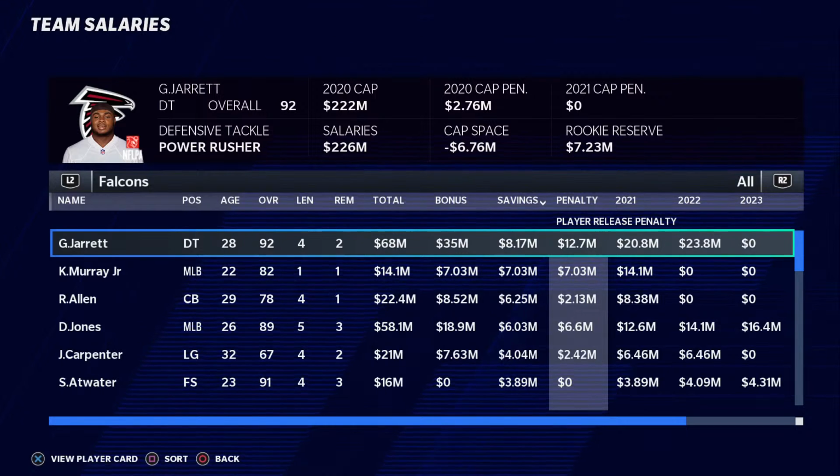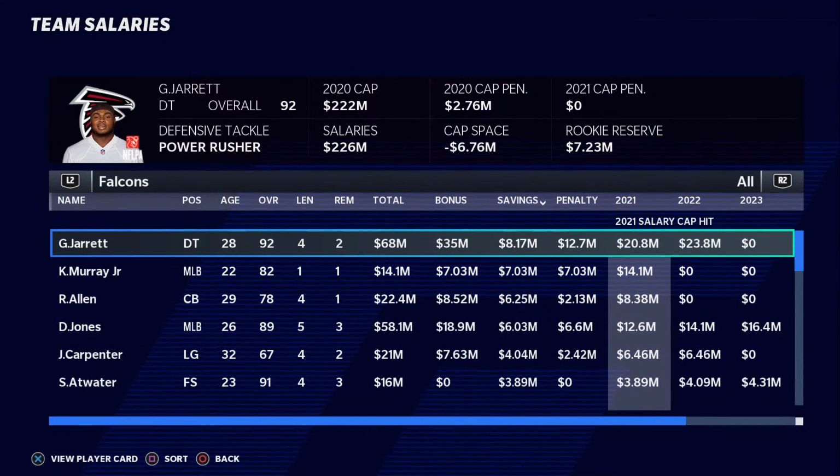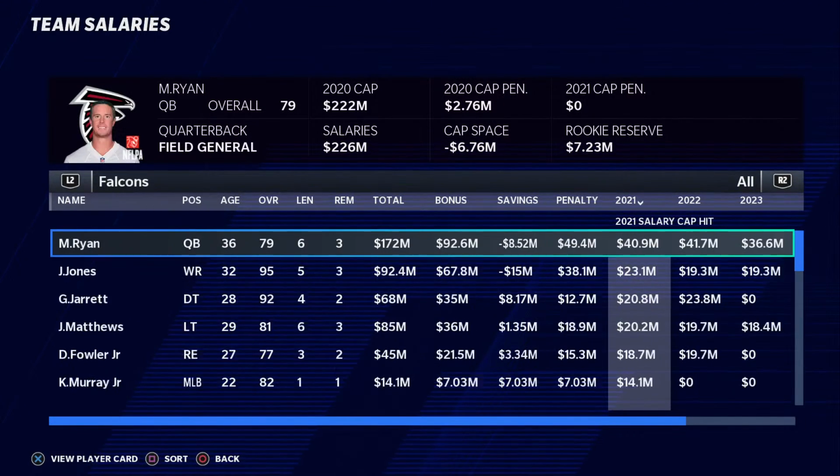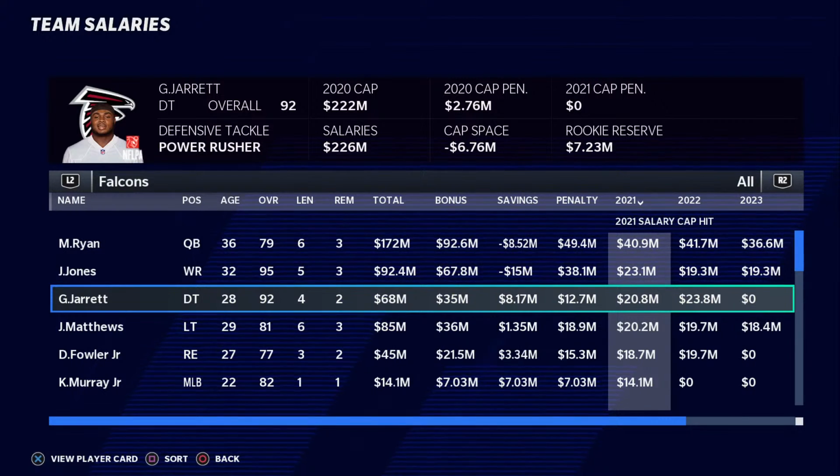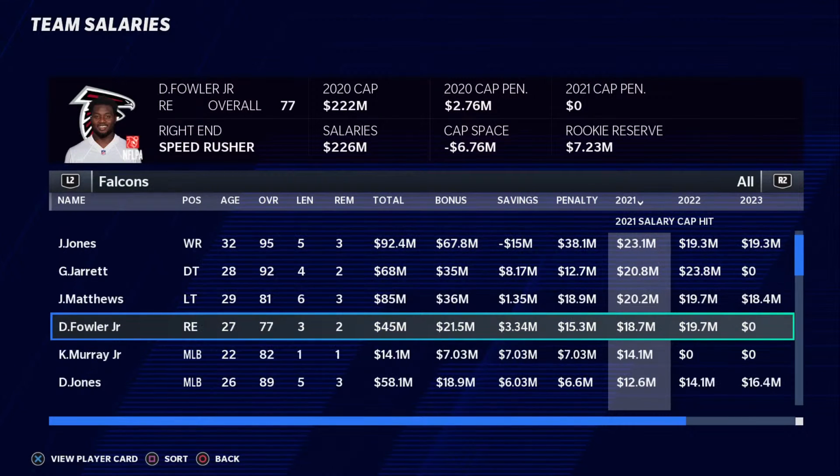So this is why you don't have any money, Falcons, because look at the contracts you got. You got Matt Ryan making $40 million. He's a 79 overall. Julio making 23. Jarred making 20. Matthews making 20.